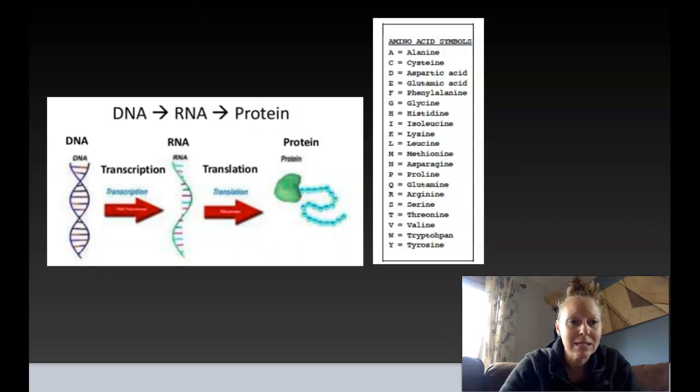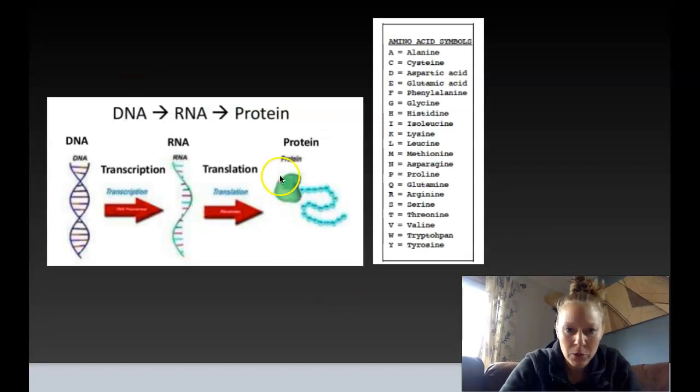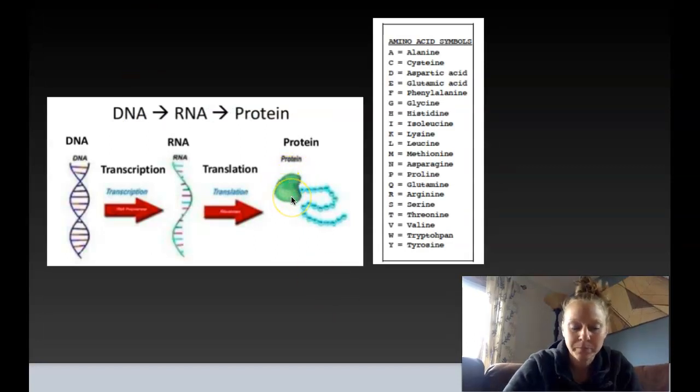In this assignment, we're going to be looking at the numbers of differences that we can find in the protein called the cytochrome C protein. If this were the cytochrome C protein right here, we're looking at it in many different organisms or types of organisms.